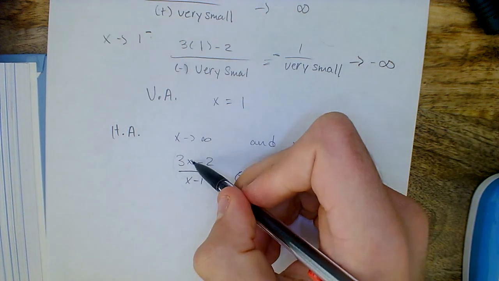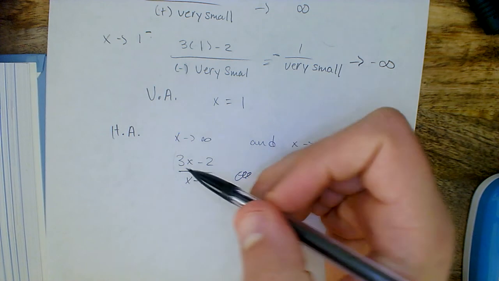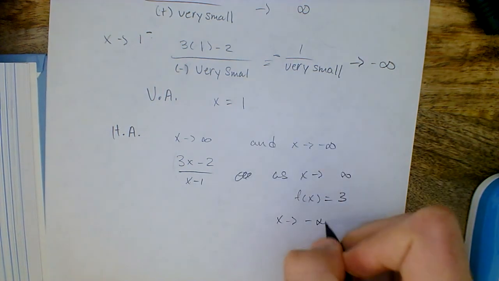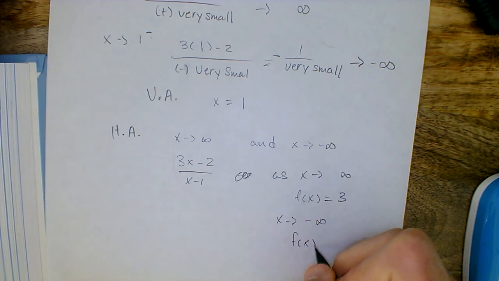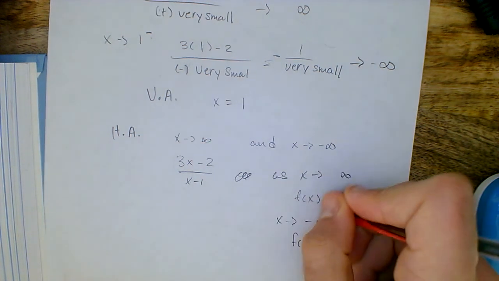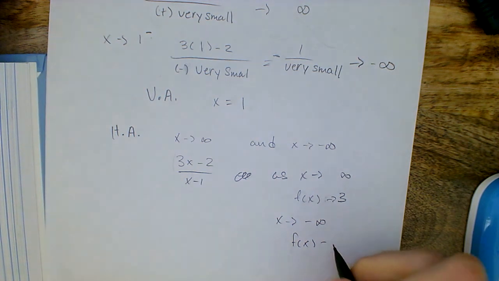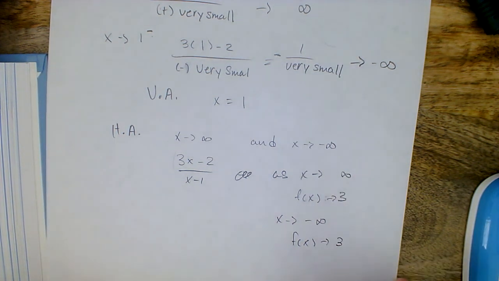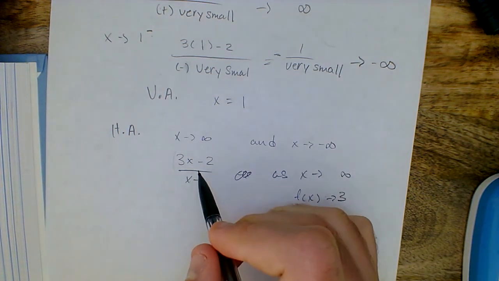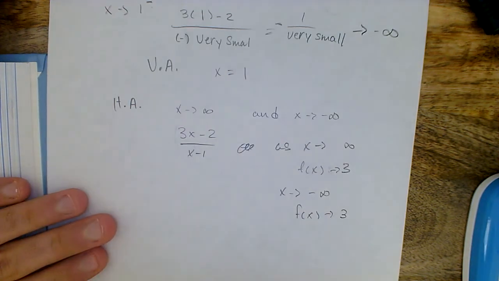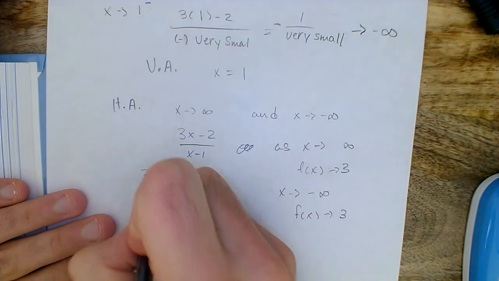The same thing here, because if I plug in a negative infinity up here and a negative infinity right here, those negatives will cancel out, and so as x goes to negative infinity, f of x goes to 3.